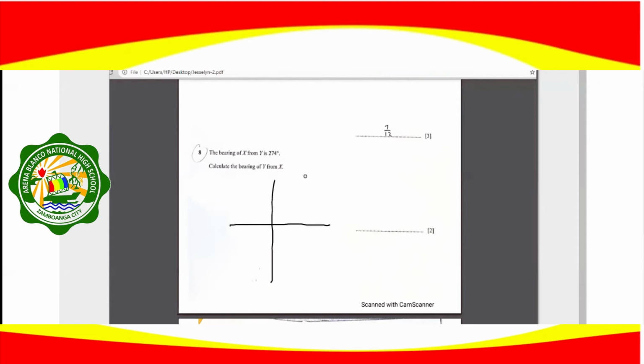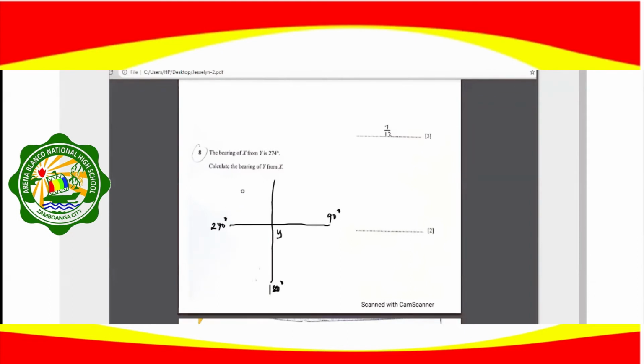Yep. So our y is at the center, correct? And the bearing of x from y is 274. So from here, this is 0 degrees. Going here, this is 90 degrees.